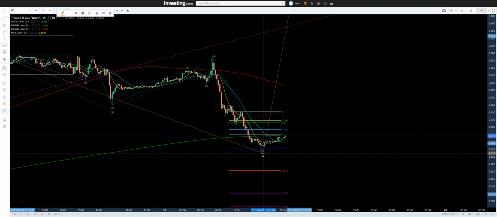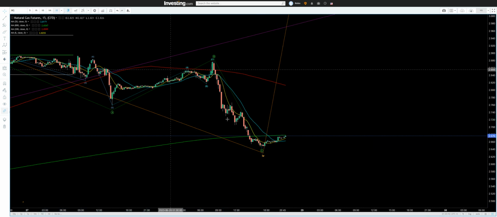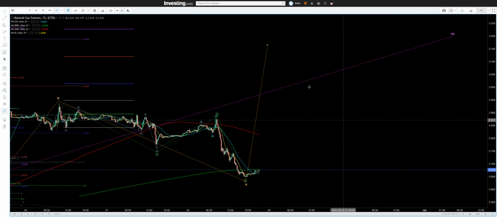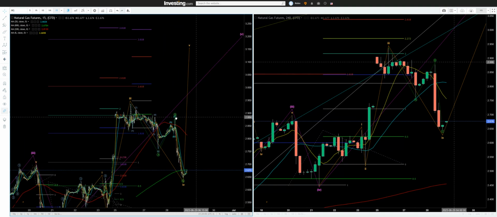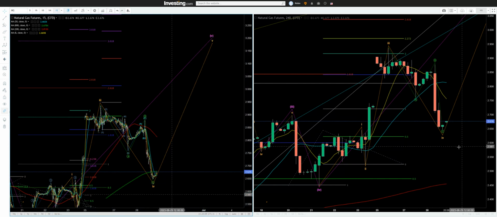They're never on the money in a correction. So I'm just going to delete that. I think it's safe to say we're on our way up here for the final leg of this, which is probably going to terminate somewhere up over here.